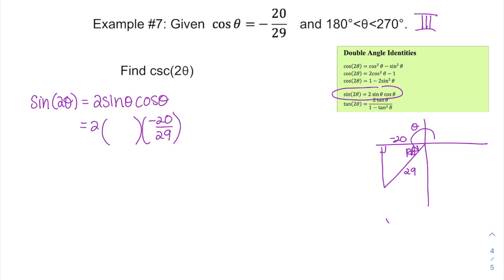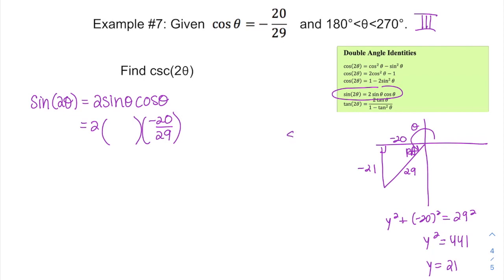We can say y squared plus negative 20 squared equals 29 squared. And we'll get, I don't remember this one off the top of my head, 441. That's a perfect square of 21. So it is a Pythagorean triple, and this is going to be negative because the y direction here is negative.